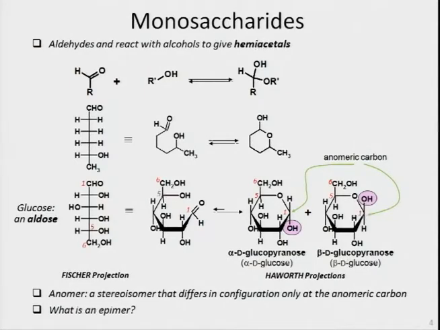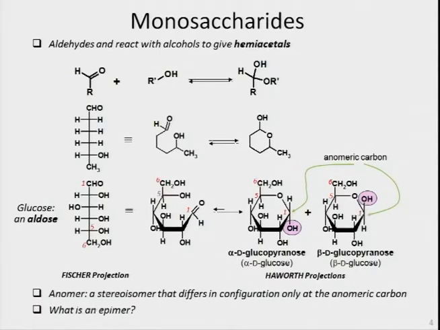Now, these are called Haworth projections. They look a little bit closer to the actual 3D conformation, but they're not quite there. So the number 1 carbon is called the anomeric carbon, and these two molecules, this pair, collectively are called anomers.